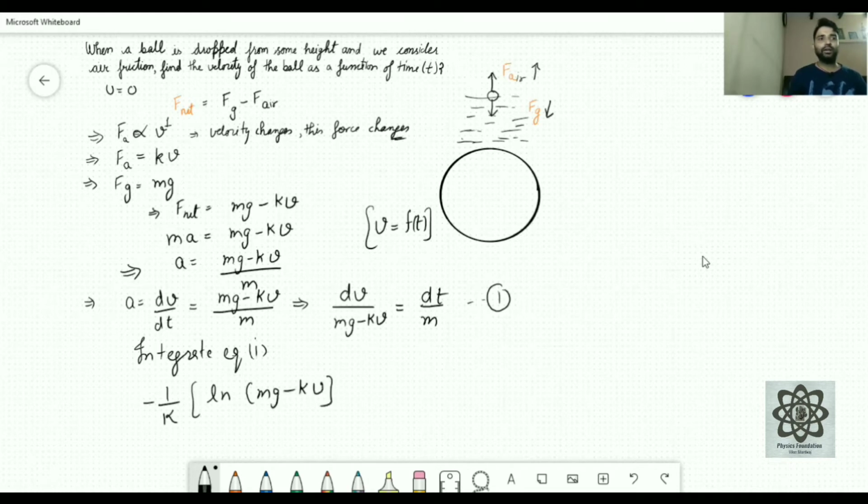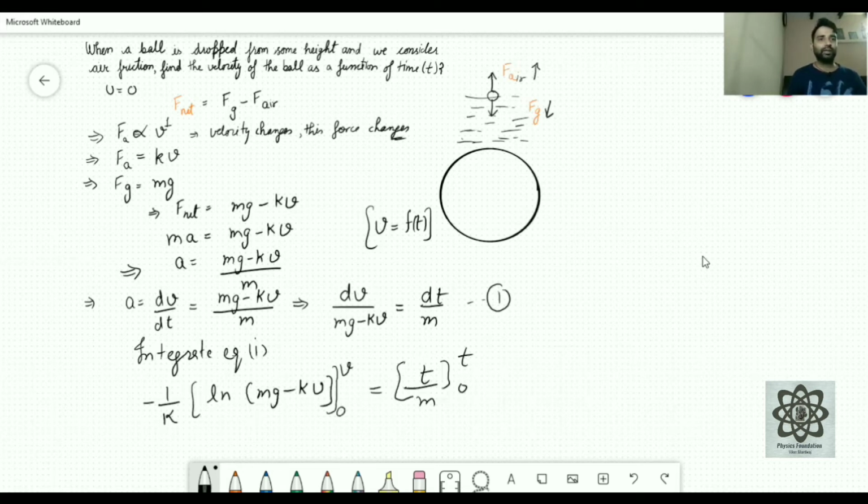I've directly integrated it and put the limit. So the initial velocity is given as 0, and at time t there will be velocity v, right? This is equal to the integration of dt, which is t, and this is m, and the limit of t would be from 0 to t, because we started at t is equal to 0, right?